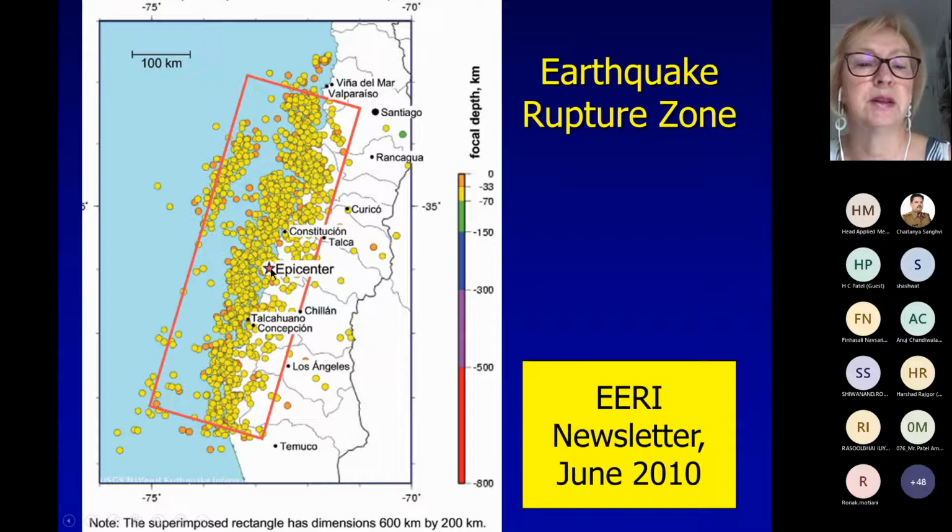Anyways, it was offshore. And there were smaller cities close to the earthquake, not the big city. The bigger city is Santiago here on the top. That is the capital of Chile. That is a really big city. And this earthquake caused significant damage to reinforced concrete buildings in Santiago, which is about 400 kilometers away.